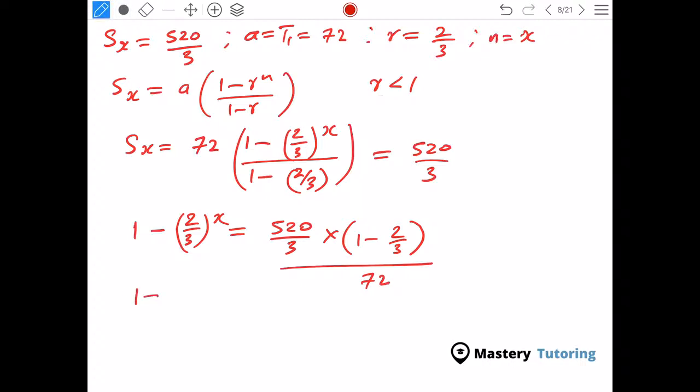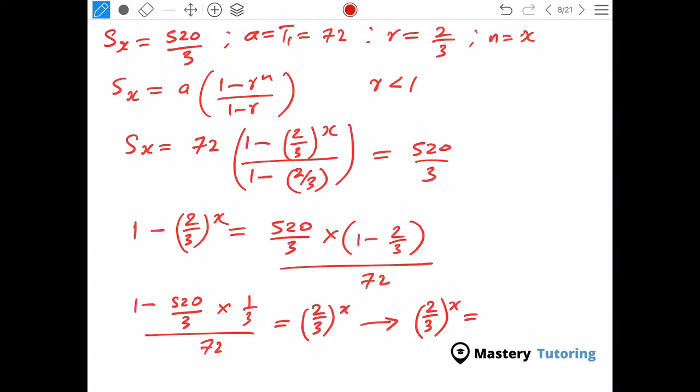So here we're going to have 1 minus 520 over 3 times, because 1 minus 2 over 3 is the same as 1 over 3, so I'm going to multiply by 1 over 3 here, and then this is 72, which is equal to 2 over 3 to the power of x.